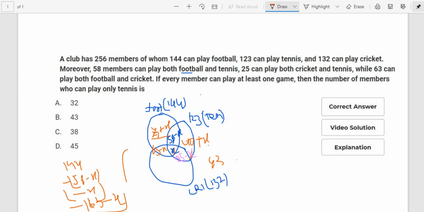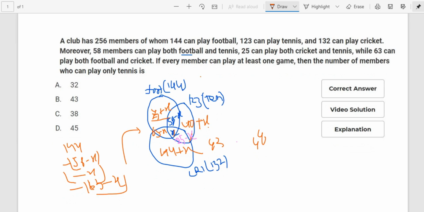And if we calculate this one, 63 plus 25, that is 88, and if we subtract 132, it will come as 44 plus X.